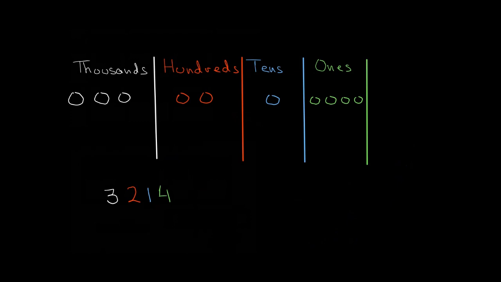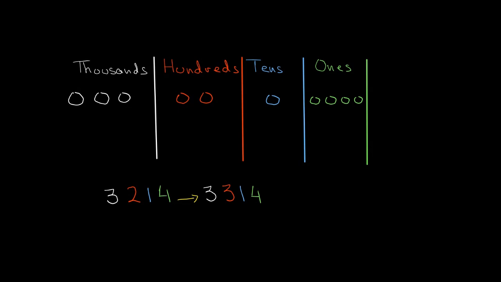So if I continue adding one more, you can see in the hundreds place the 2 will get converted into a 3. This will be 3314. And you can see every number will have the same thousands, tens, and units place, only the hundreds place will change.